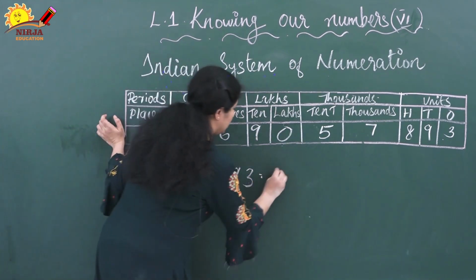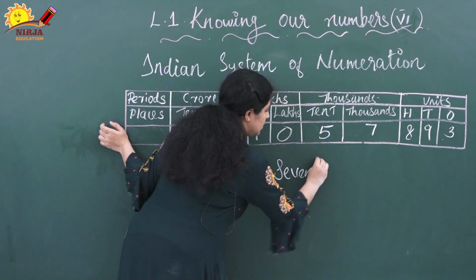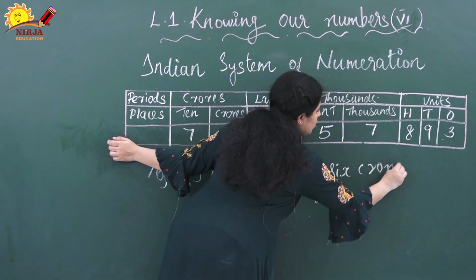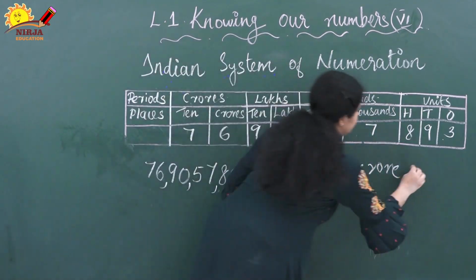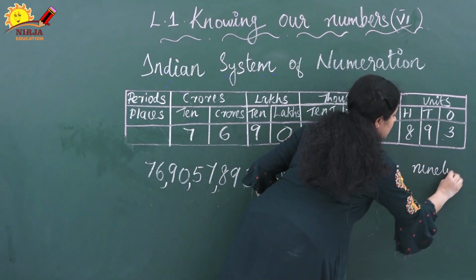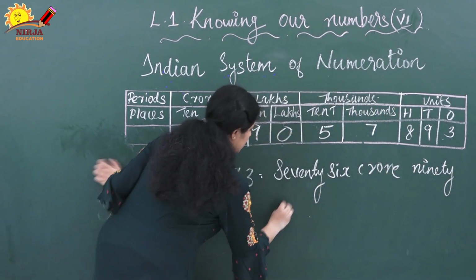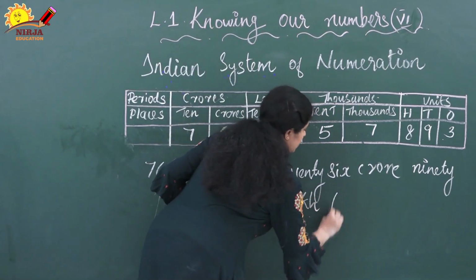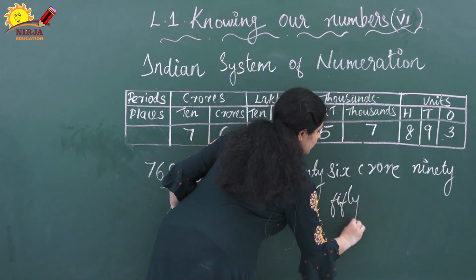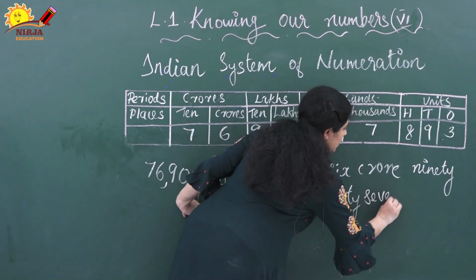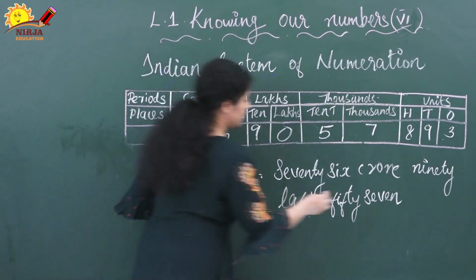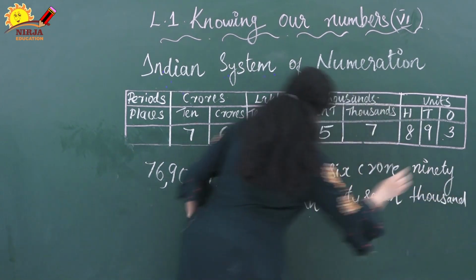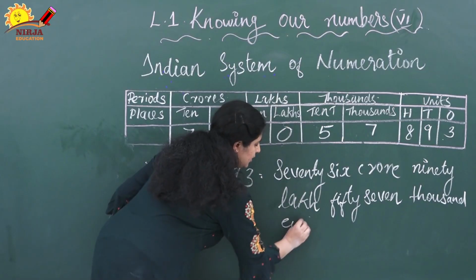I will write it here. 76 crore, then 90 lakh, 57,000, 893.